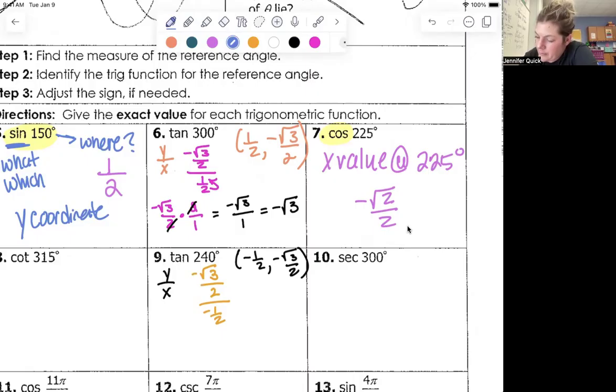I'm going to keep, change, and flip. So this is now negative 2 over 1. Doesn't matter where the negative goes. Pick one. That goes away. Those 2's, one's on top, one's on bottom. And a negative times a negative turns into a positive. So now this one is a positive square root of 3. So that's positive square root 3. This one is negative square root 3.